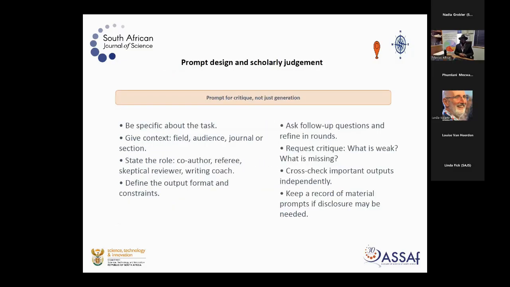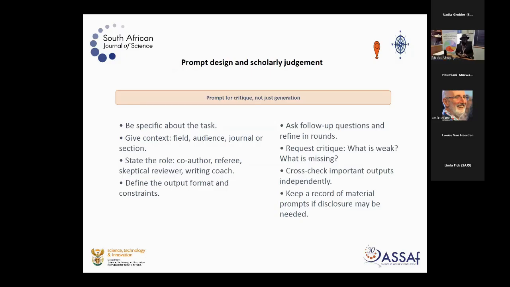So here are some example prompts that I want to share with you. Be specific about what you want to ask. Give a context, a field, audience, journal, or section to the AI tool. And also state your role: tell the AI who you are.